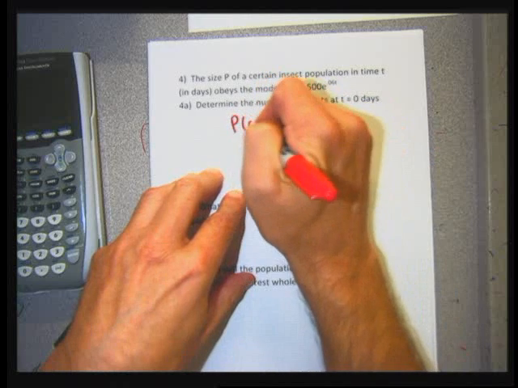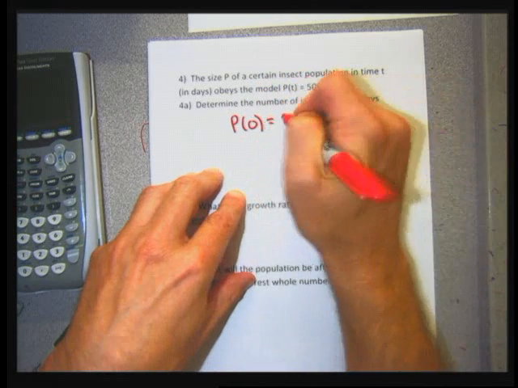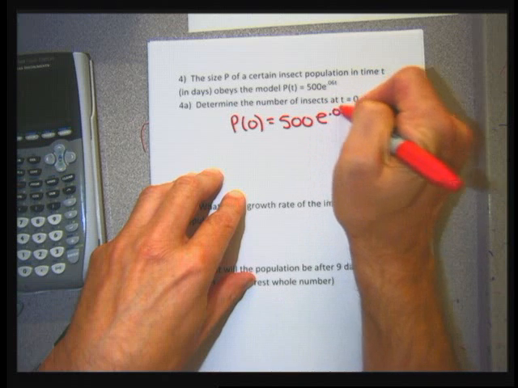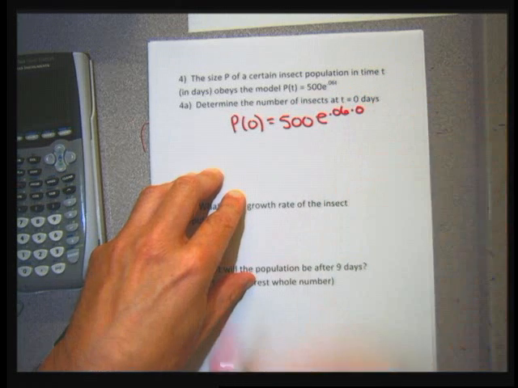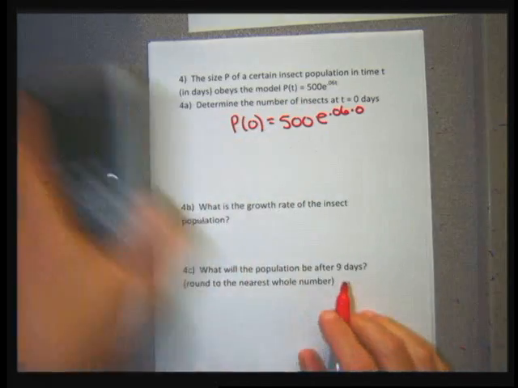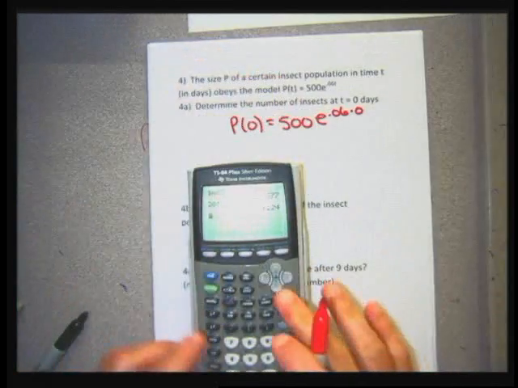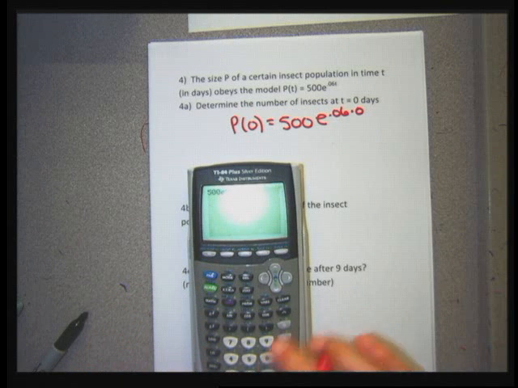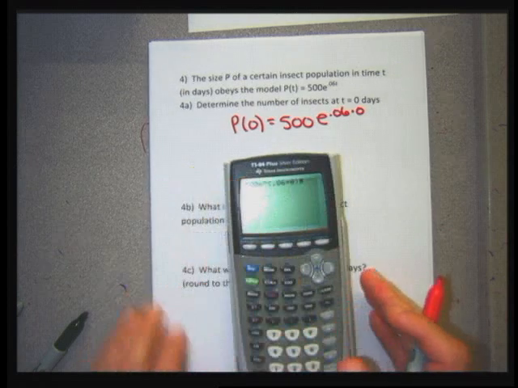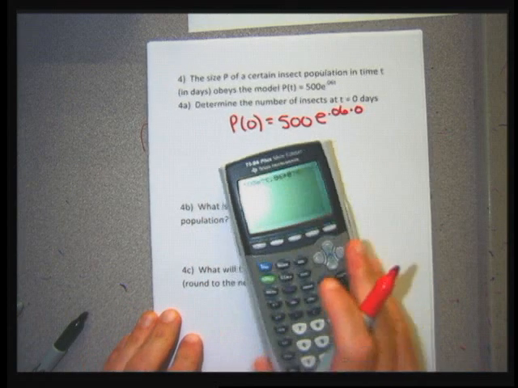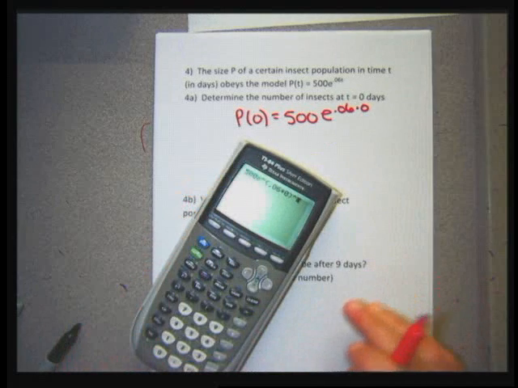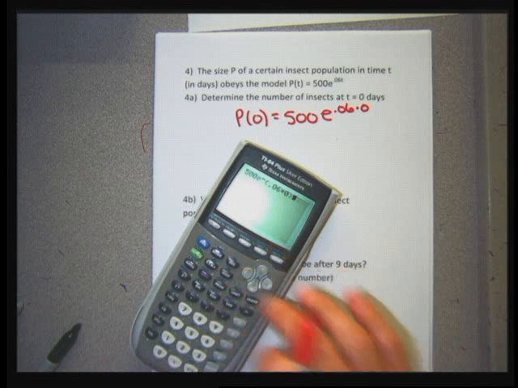Technically, to do part A, it says determine the number of insects at 0 days. Technically, I'm plugging in 0 for the t, and I'm solving for the number of insects at the beginning. So I'm going to do that on my calculator. I'm going to go 500 and then second ln 0.06 times 0, close out my parentheses. I tried to type 500 times e to the 0.06 times 0, and I'm going to hit enter.